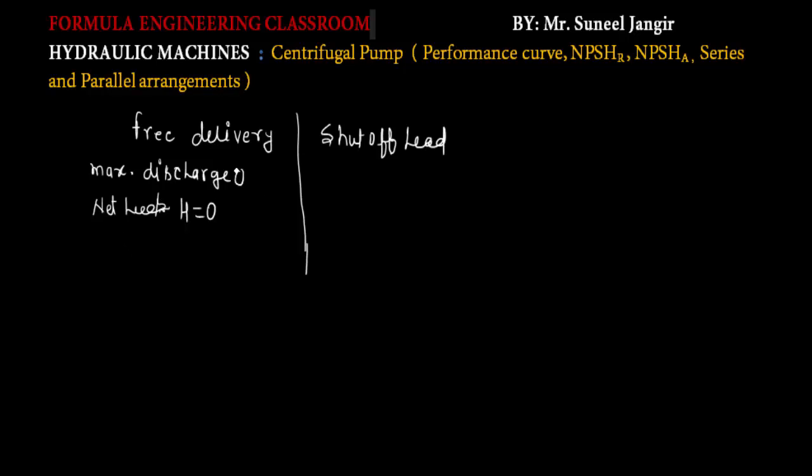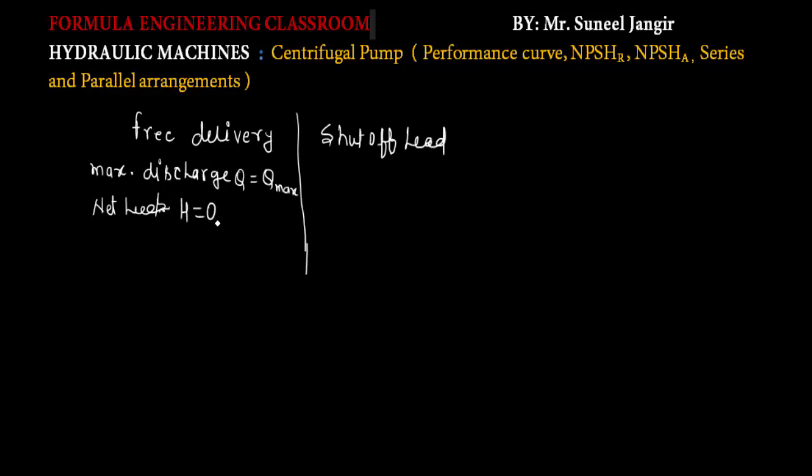That is, the discharge is maximum and the net head is 0, and this happens when there is no obstruction at the inlet and outlet, and obviously no load on the pump.